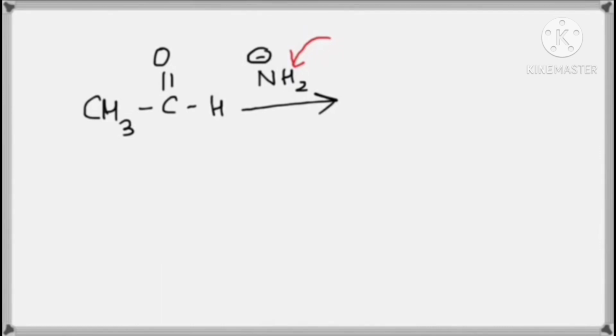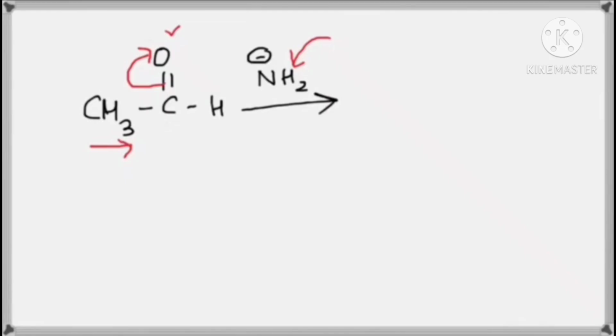Once again, CH3 is pushing electrons towards the carbon. And you can also see that between carbon and oxygen, oxygen is more electronegative. And if you remember, electrons try to go towards the more electronegative atom. So this bond will break and the oxygen will take up both the electrons.